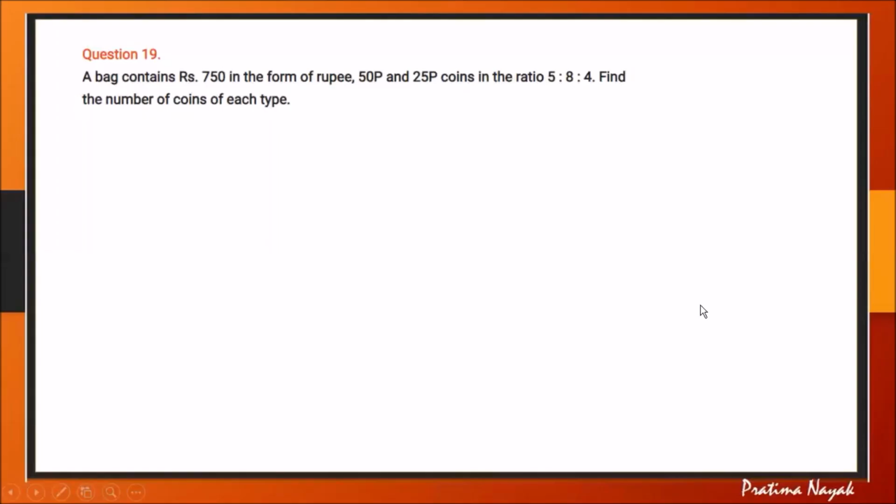Now question number 19. A bag contains 750 rupees in the form of 1 rupee, 50 paisa and 25 paisa coins in the ratio 5:8:4. Find the number of coins of each type. That means some amount of 1 rupee coins, 50 paisa coins and 25 paisa coins were there in ratio 5:8:4.